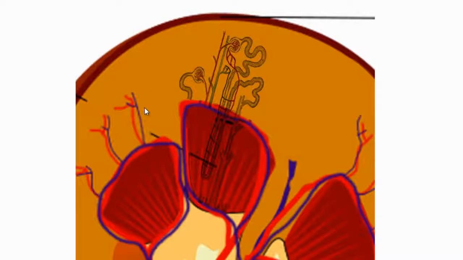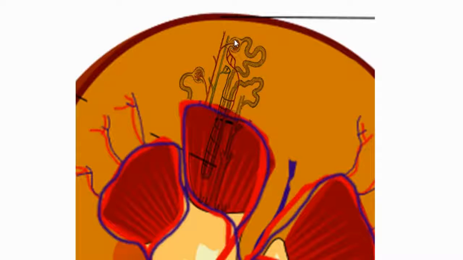So you can see roughly what's happening with the filtering of the blood here. The blood comes from the renal arteries into the kidneys, and then it comes up through these arteries around the side of the medullary pyramids, and it passes up through the arcuate arteries into these interlobular arteries, and the interlobular arteries give off branches called the afferent arteriole, which go in towards the renal corpuscle.